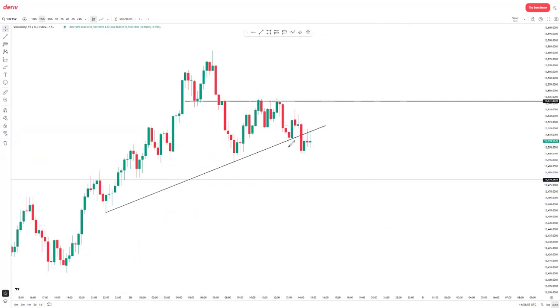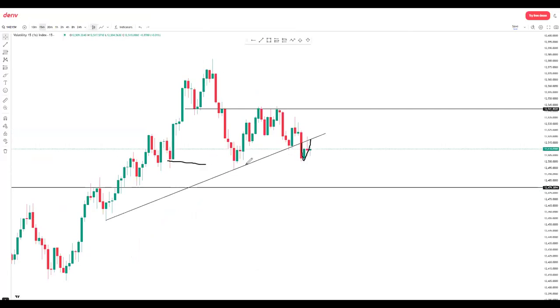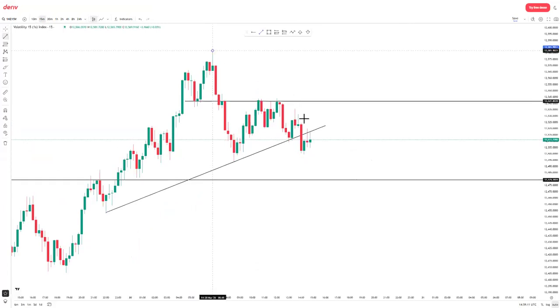Yes. Already on 15 minutes, you're supposed to be in an entry right now because they went down, they came back to test. Here is your breaker structure coming from your far left. You also add the trend line there. Those who are trading on the smaller time frame get opportunities, pushing the market to the downside.